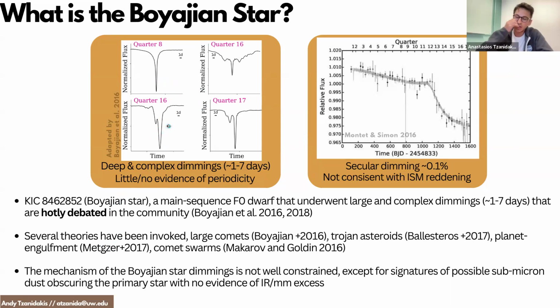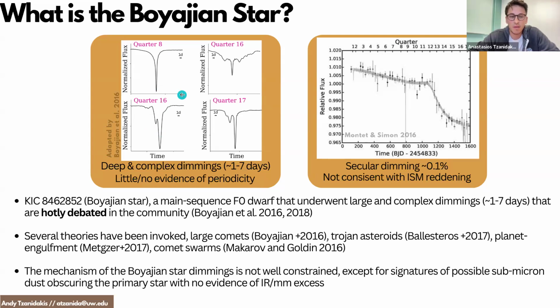This was during the Kepler days, and so astronomers back then were dealing with light curves numbering maybe 100,000 or so. It wasn't really a large amount of data, and so this, as I said, was spotted by citizen scientists. The follow-up being done on the system was that they had found these really weird dips.